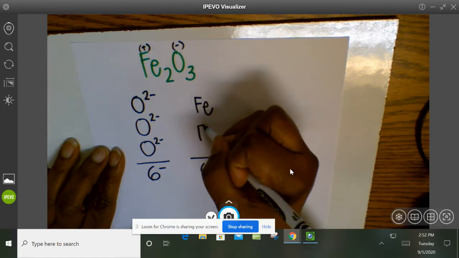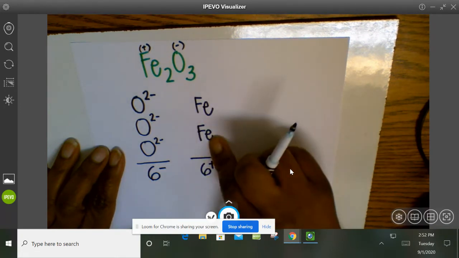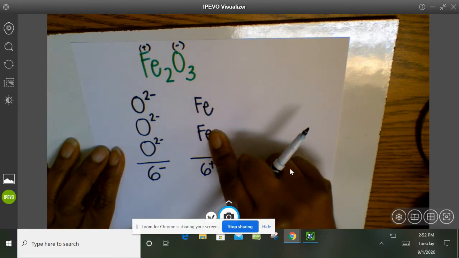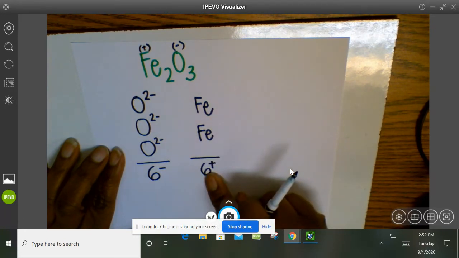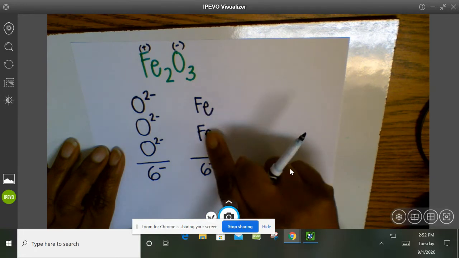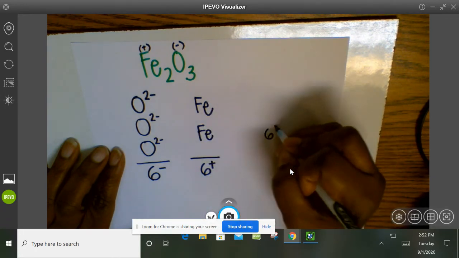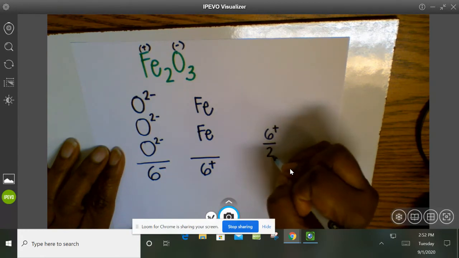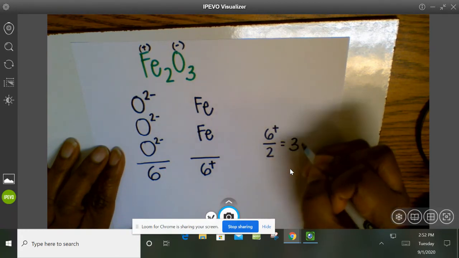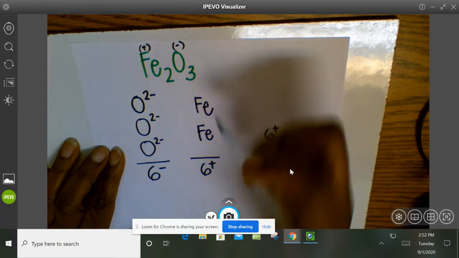These 2 Fe's have to add up to be 6. Both of these together equal 6. So I'm going to take the 6 divided by 2, and it's going to give me what the charge is for each of those.